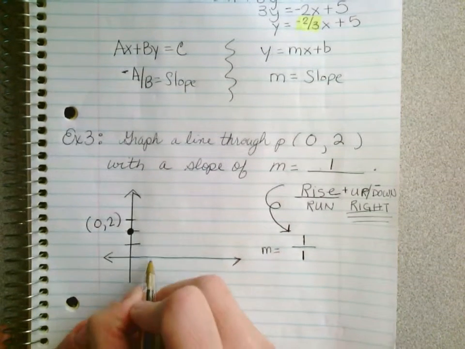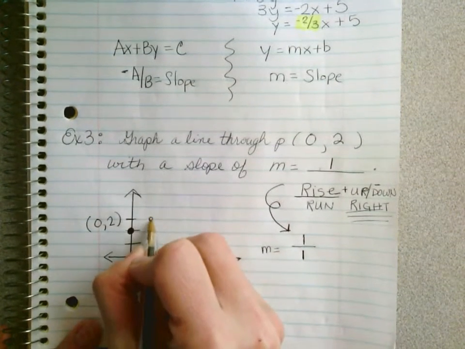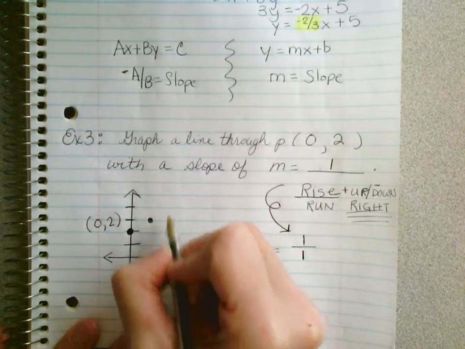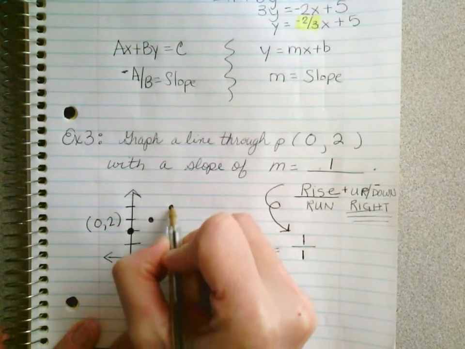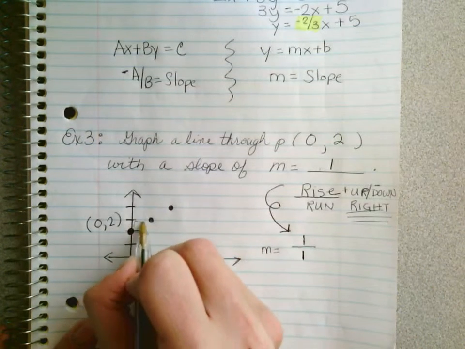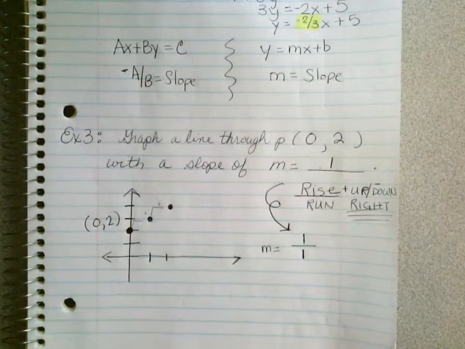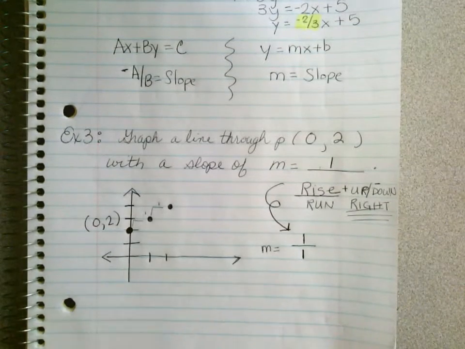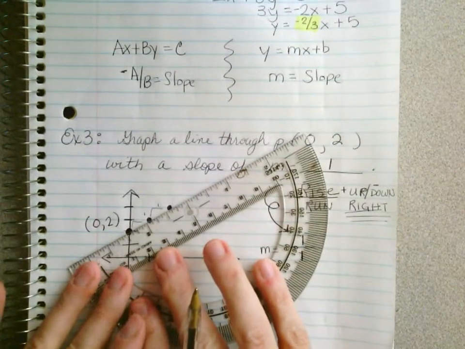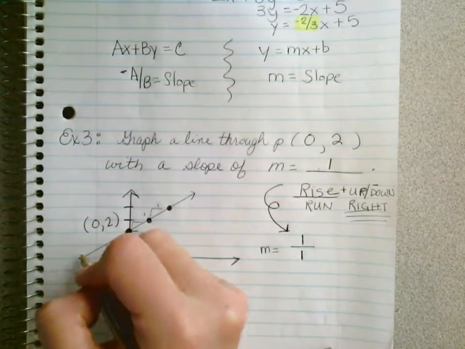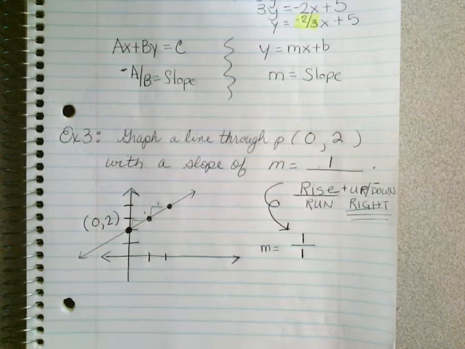Up 1, right 1. Up another, right another. Okay? Up, over, 1, 1. Like stairs. There's your graph. You really only need 2 points, but I only did an additional one to help you see what it looks like. There's your example. That's example 3.